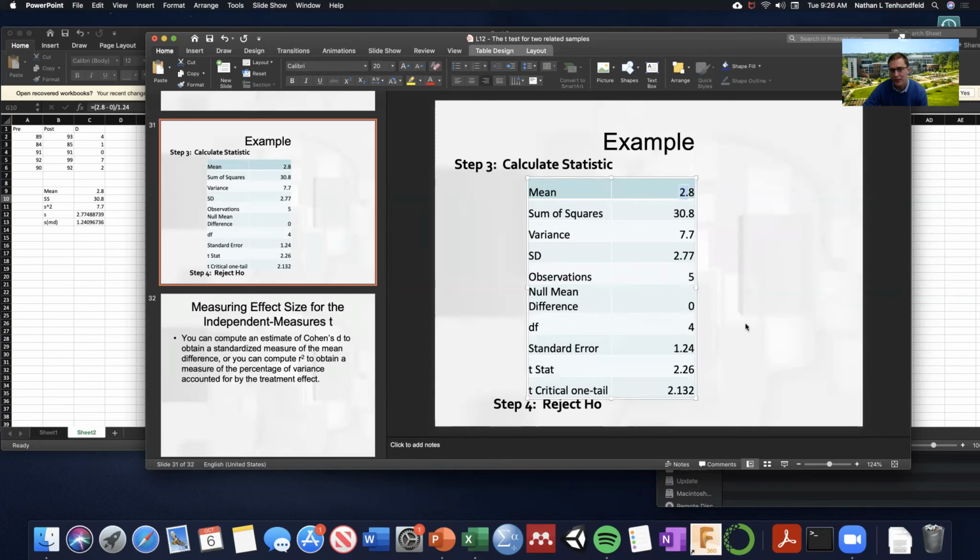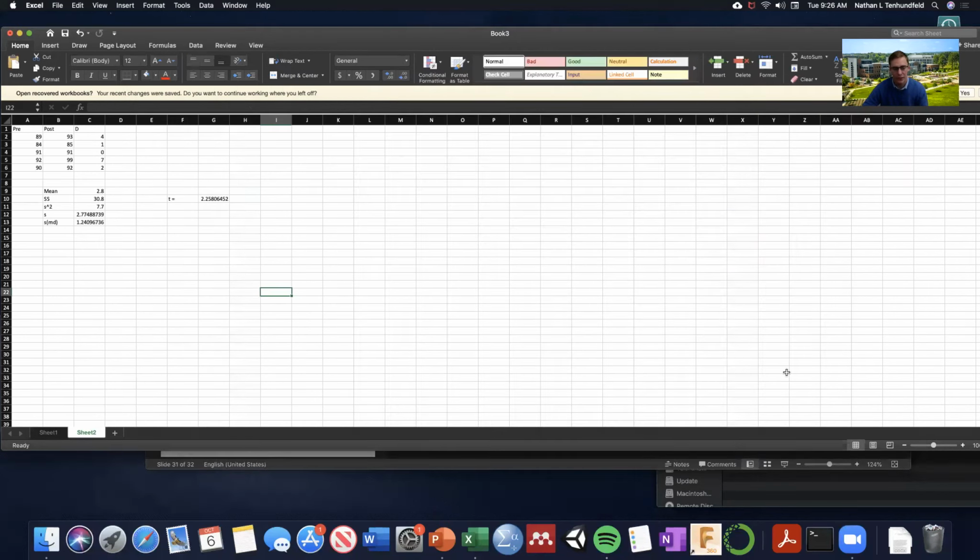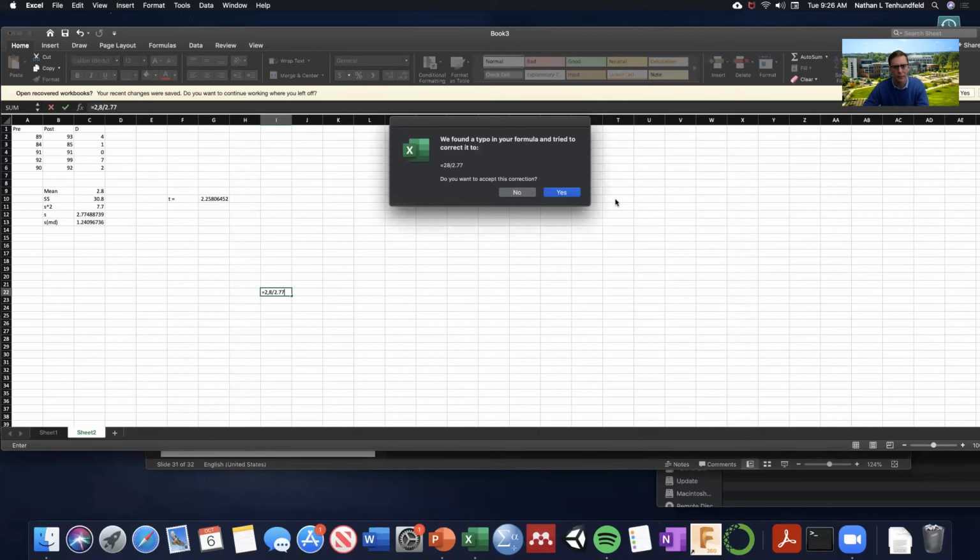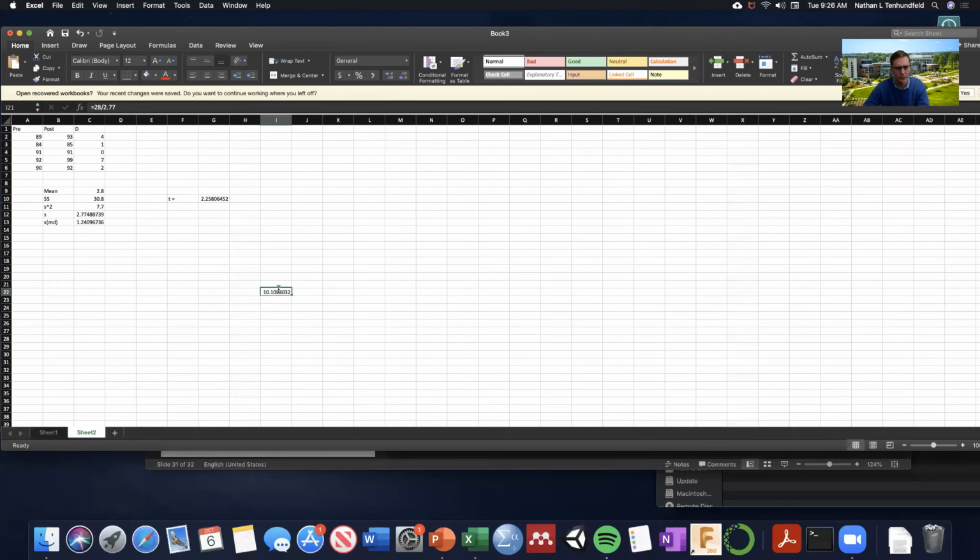The standard deviation that we calculated is 2.77. So we would do 2.8 divided by 2.77. Whoops, screwed up. 2.8 gives us a Cohen's d of 1.01.